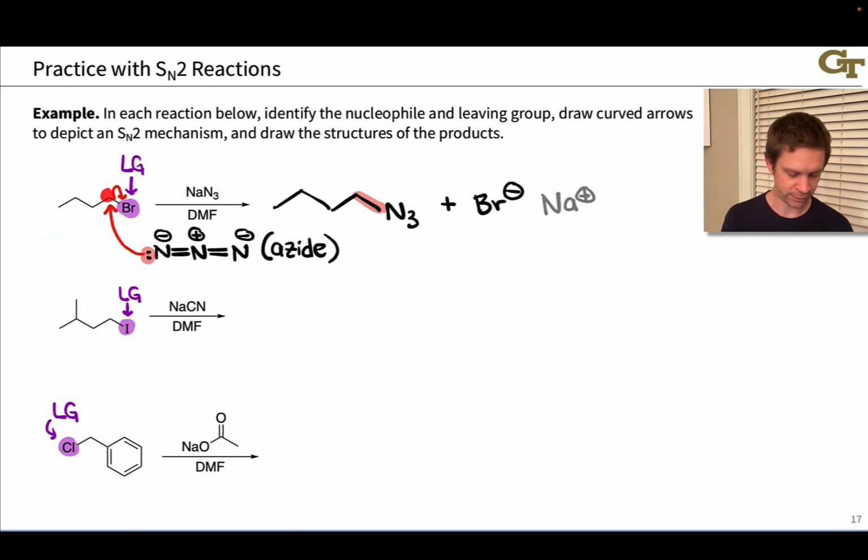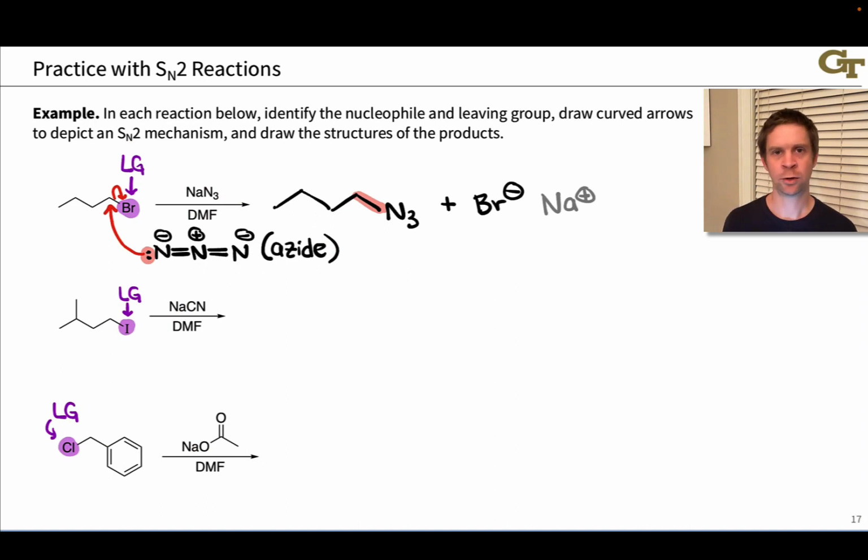The electrophilic carbon is relatively unhindered, relatively open, ready to accept the nucleophile quite quickly, so this SN2 reaction will take place very quickly. In the other cases, we also see primary electrophilic carbons in all three cases. So the substrates and the solvents are great for SN2 reaction.